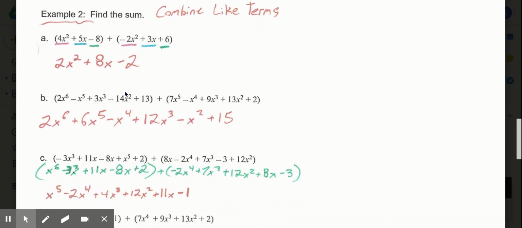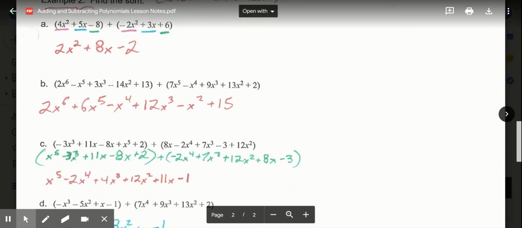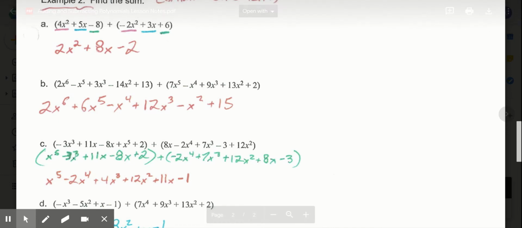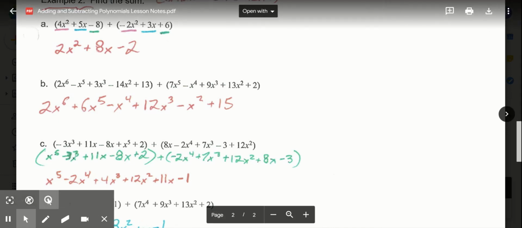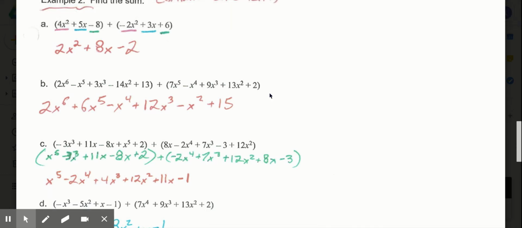So in B, we have 2x to the 6 minus x to the 5th plus 3x to the 3rd minus 14x squared plus 13. Then our second polynomial that we're adding is 7x to the 5th minus x to the 4th plus 9x to the 3rd plus 13x squared plus 2.